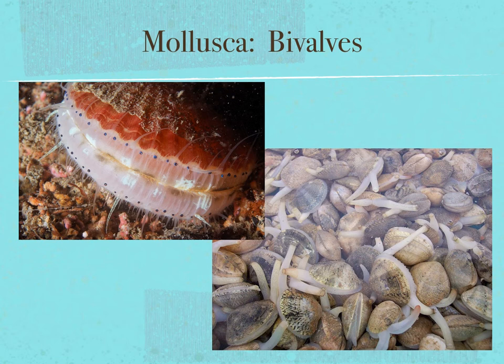Oysters, as you know, are famous for their pearl that you can find in some oysters. At the top left of this slide, you're looking at a scallop, and it has a scalloped shape on the margin of its shell, and it's a very beautiful creature. You see those little blue dots? Those little blue dots are like eye spots. They're not eyes.